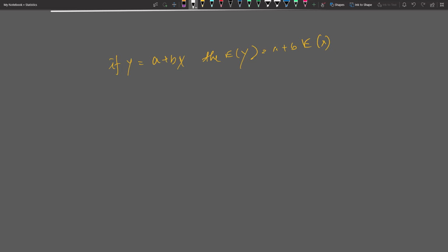X takes some values, and I have to prove the expectation of Y on the left hand side, with all other things on the right hand side. X takes some values x1, x2, x3 and so on, with probability P of X equal to xi.